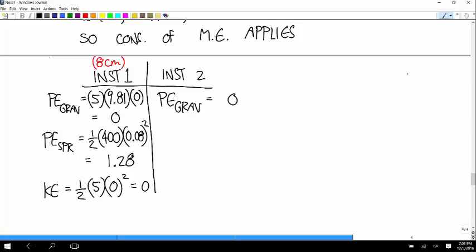You can see in this case, I think, why you get to choose what you're going to call h equals 0, and it doesn't change the problem. The only thing that's going to matter is the difference between the gravitational potential energy at instant 1 and instant 2. So what if we had chosen our 0 height to be the center of the Earth?